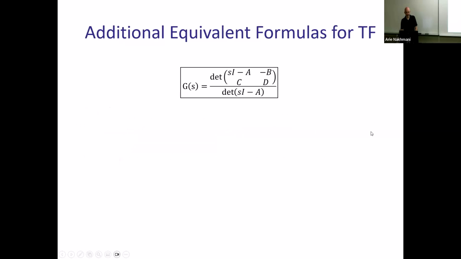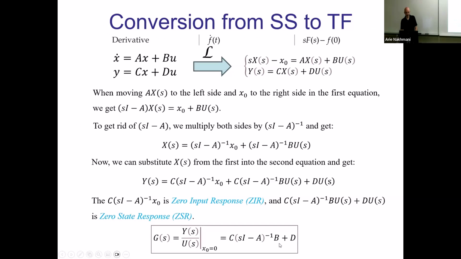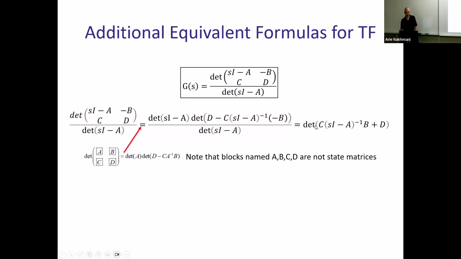So why is that thing the same as here? Pay attention that the only difference is that I'm adding a determinant here. So it's the same formula, it's C times (sI minus A) inverse B plus D. But I'm saying that this thing equals whatever you have sitting inside the determinant now. Why is that? The determinant of what equals itself?